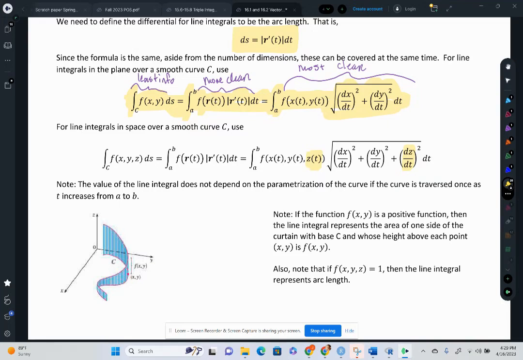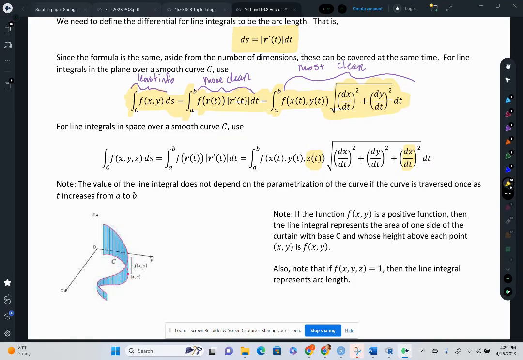If the parametrization does not fully cover the curve, then it's not a good parametrization. Or if it ends up taking you along your curve twice, then you're getting too much, right? So whatever your parametrization is, you need to make sure that it fully covers the curve in question.